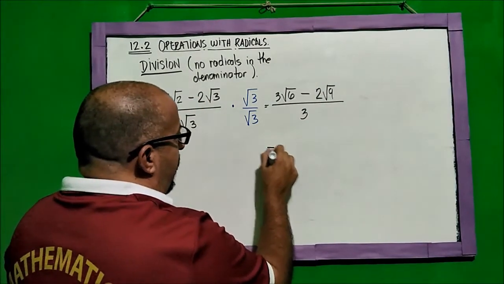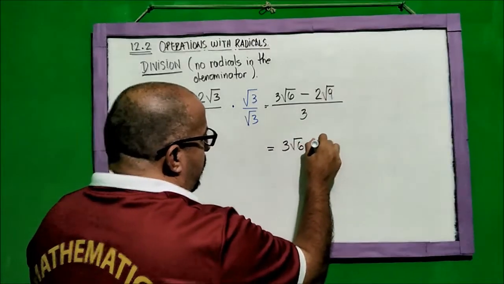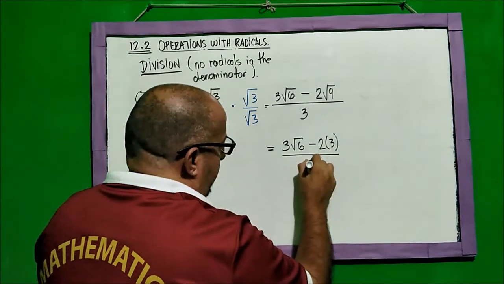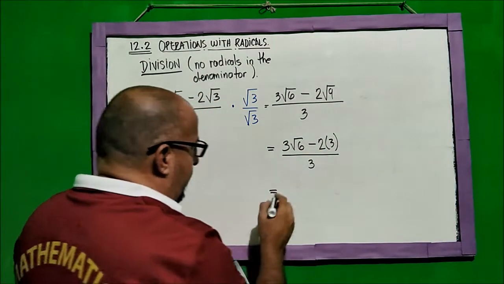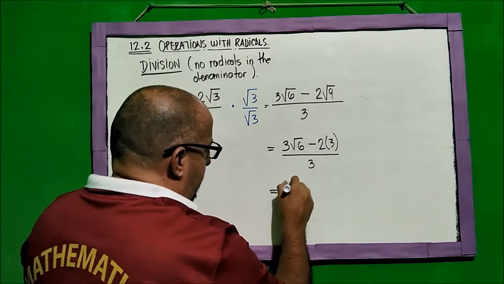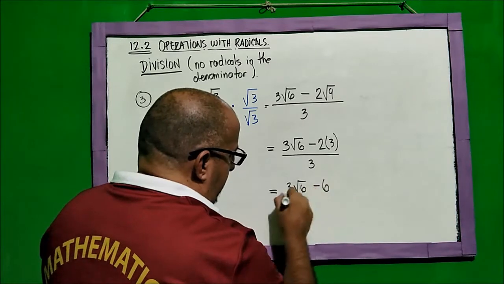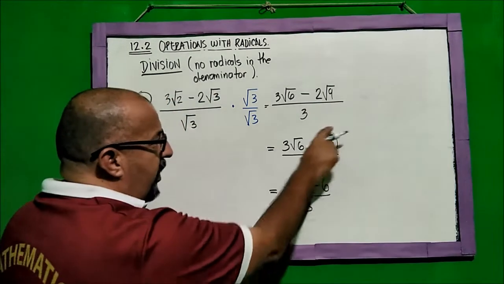So if you see, what we have in here is 3 square root of 6 minus 2 times 3, all divided by 3. And as you can see, there is a common factor in here. So we're going to eliminate it. And my common factor is the number 3.